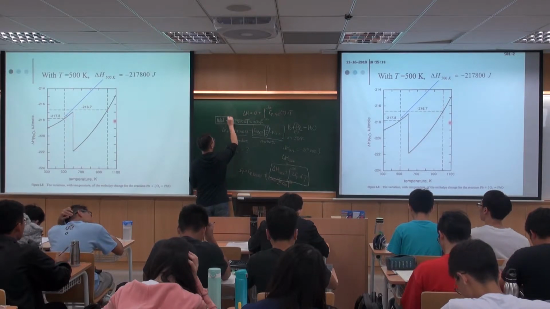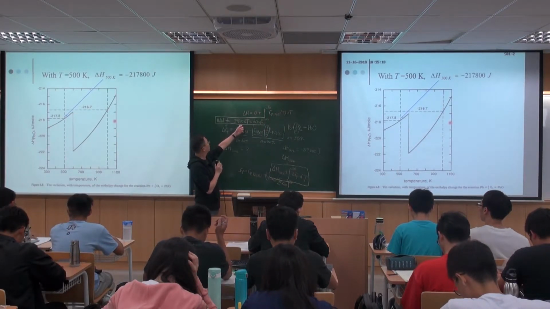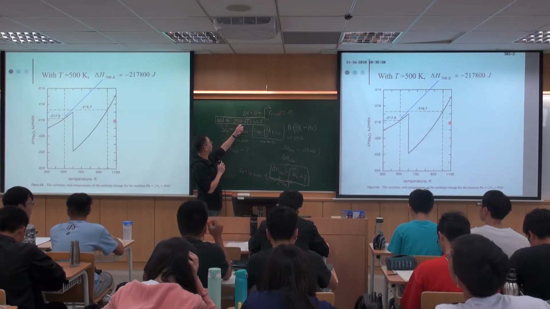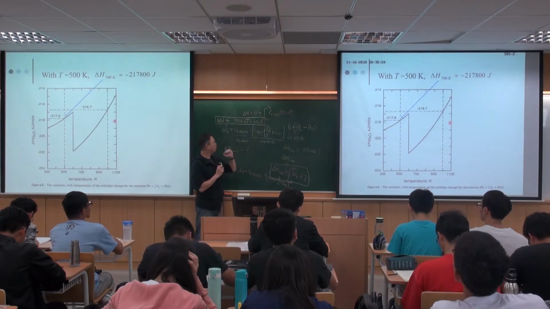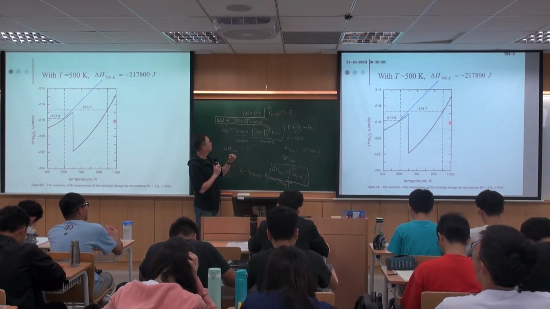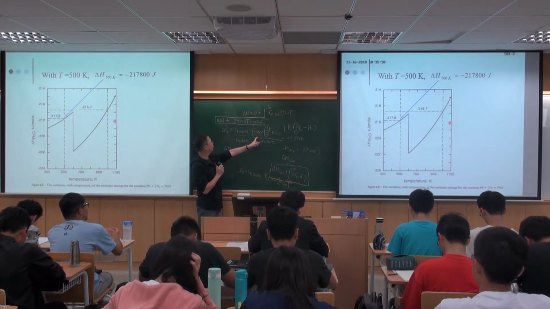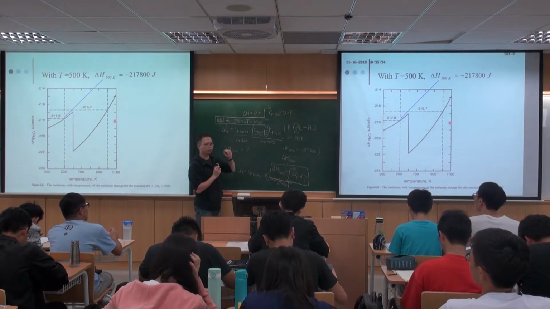So this delta Cp is only valid for the temperature range between 298 Kelvin and 600 Kelvin, because we know that 600 Kelvin is the melting temperature of lead. Beyond that point, this value will change, right? This temperature dependence will be different.